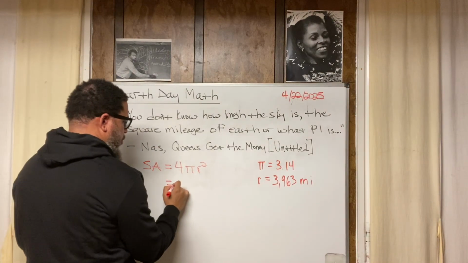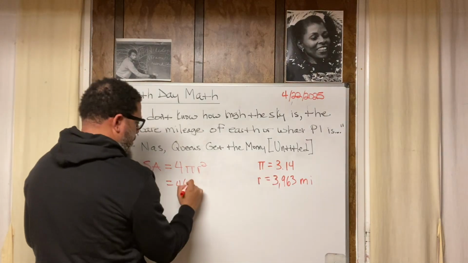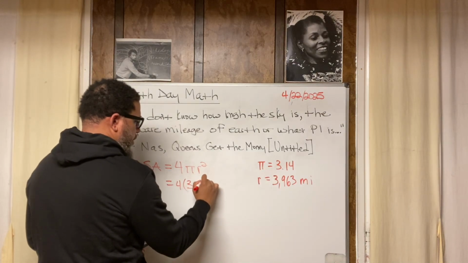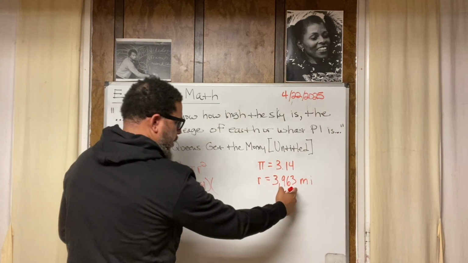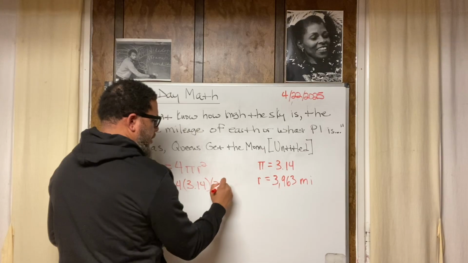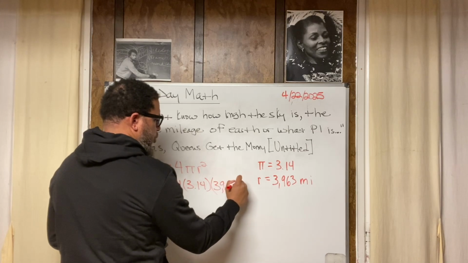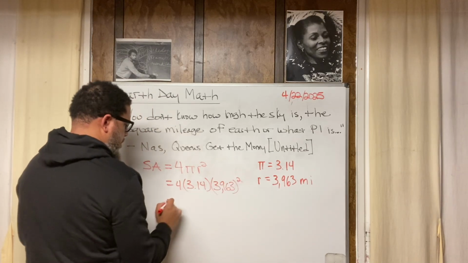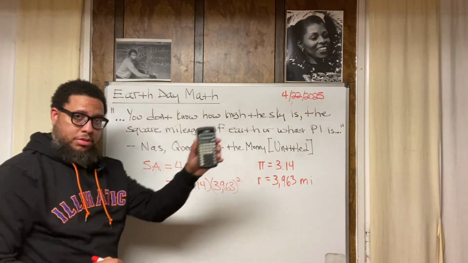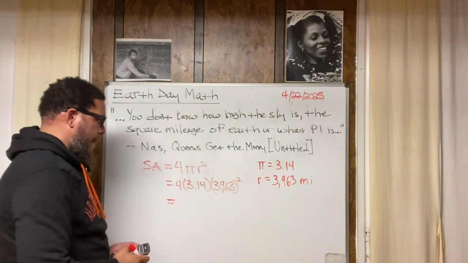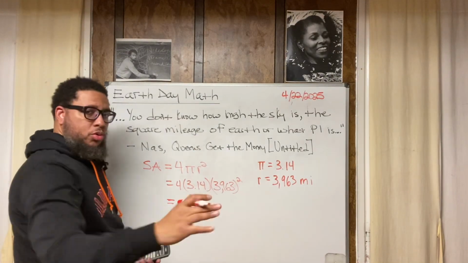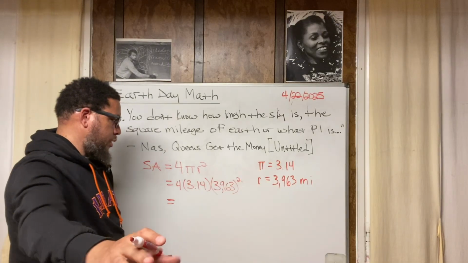So we've got 4 times 3.14 times 3,963 squared, right? And then you grab your calculator and get to work. And we can multiply straight across. Oh, but wait, order of operations, right?